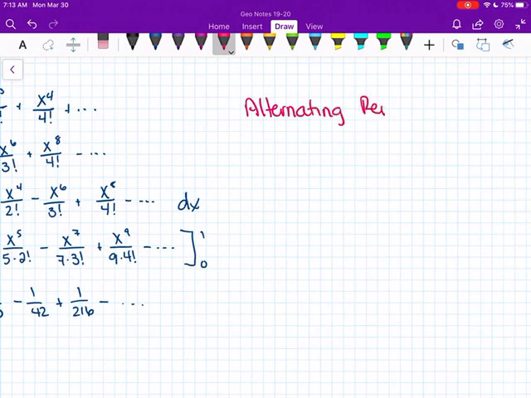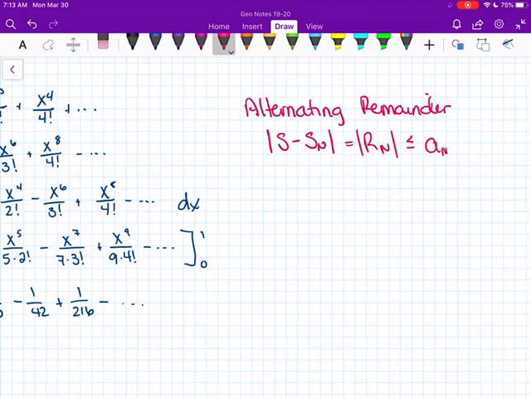The alternating series remainder says that the absolute value of the total sum minus my approximation, which is the sum of the first n terms, is equal to the remainder. Okay, and error is just the absolute value of the remainder. And in an alternating series, that is going to be less than or equal to my next term. Okay?